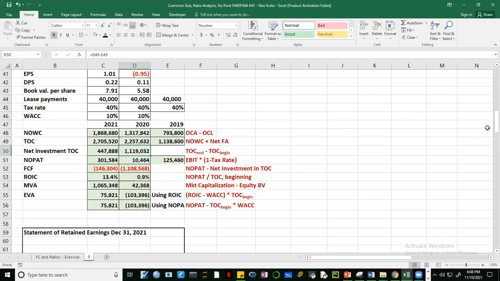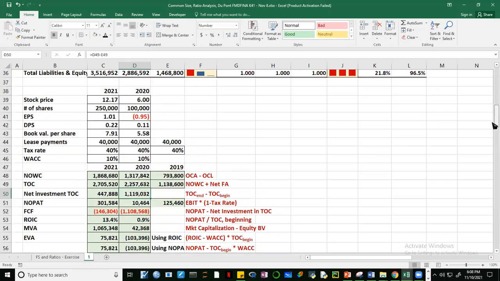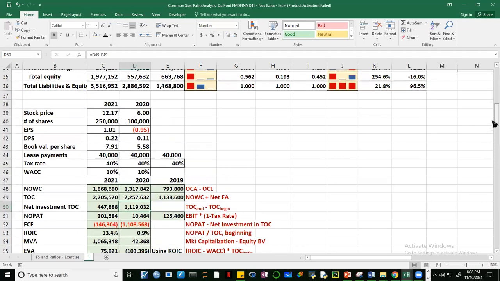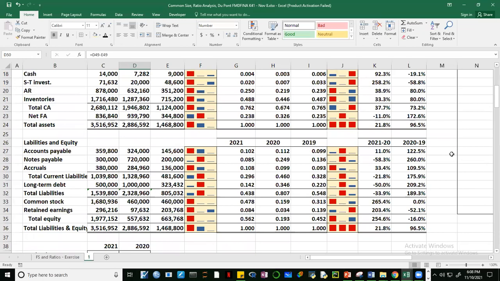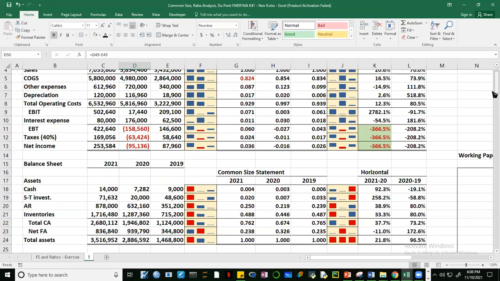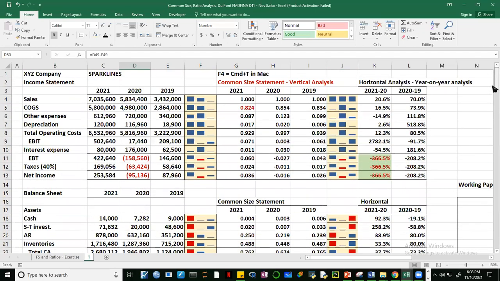Okay, however, we said that despite this investment in TOC, the company did not fare well, did not perform well in as far as operations is concerned. Kasi net loss nga sila eh. Diba? Net loss sila. So it means that if we can see here, guys, sales increased relative to 2019, okay, 70%. However, the cost of goods sold had a 73.9%.